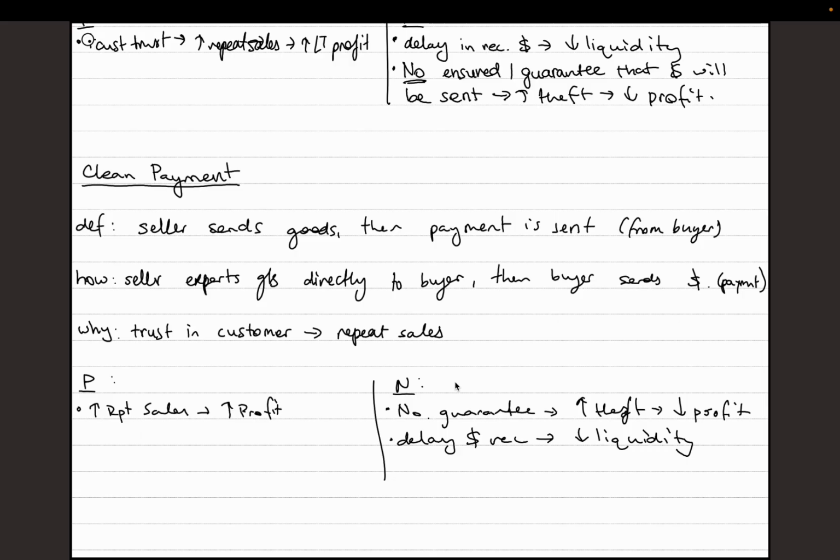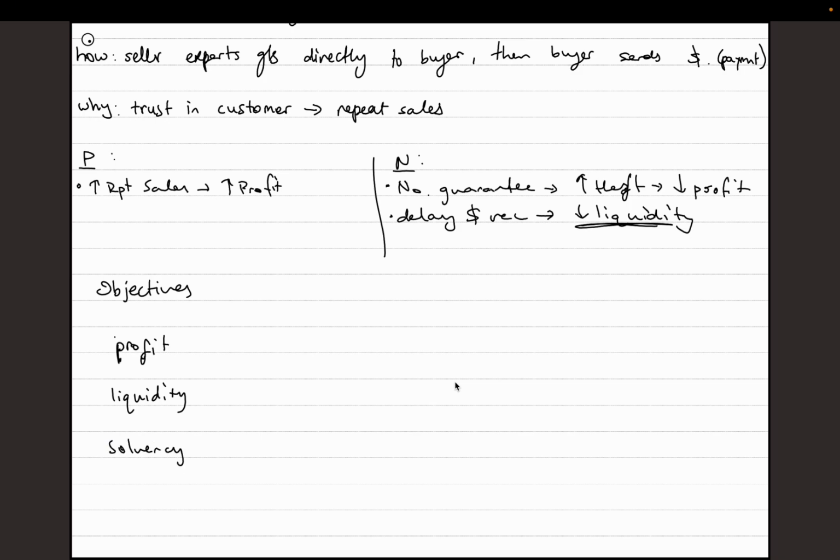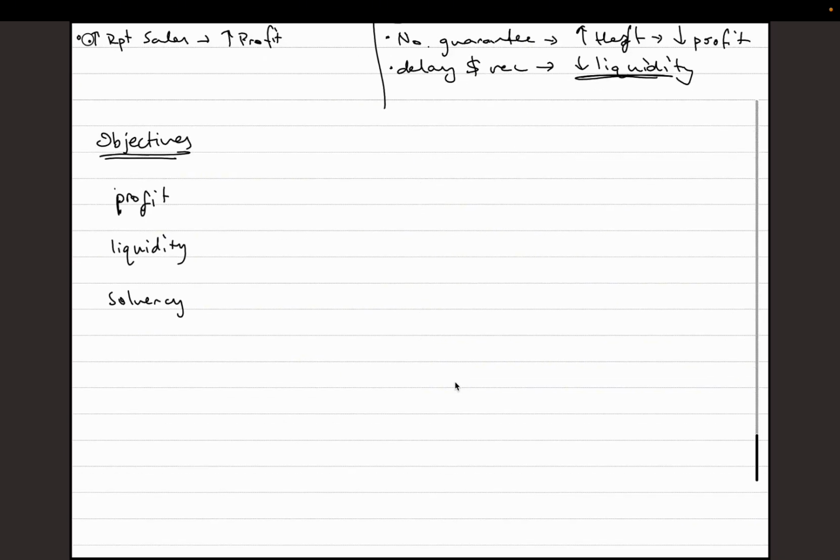Now, just before we finish, when we link these objectives, decrease liquidity, we could even extend it on to the fact, like let's say we increase profit, just sort of like talking about the objectives very quickly. We have profit, we have liquidity, solvency, or gearing, whichever one you want to call it.